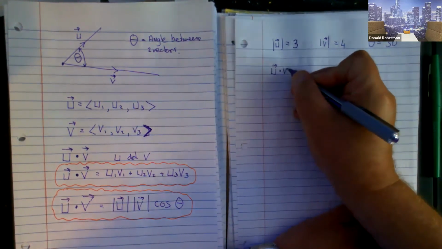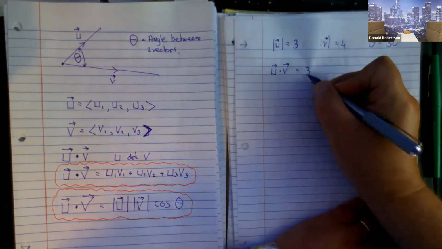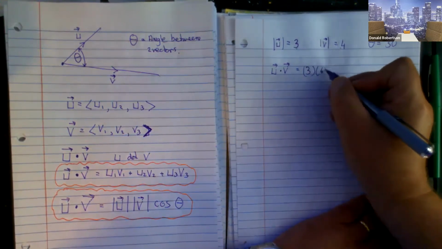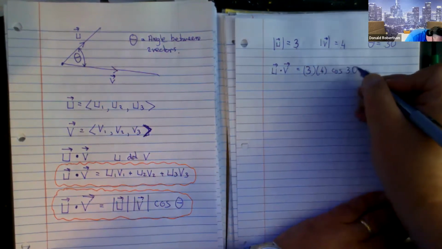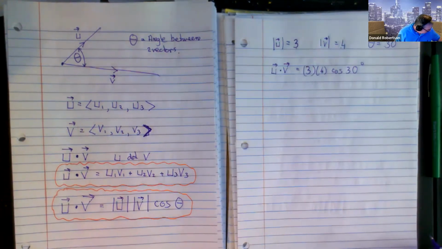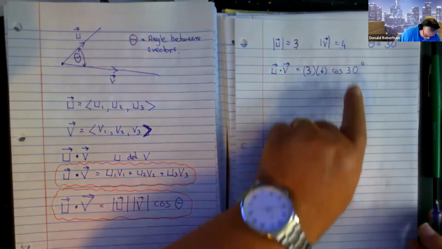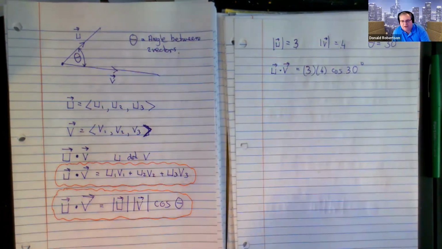The dot product is going to be 3 times 4 times the cosine of 30 degrees. And I don't think I have my calculator handy. That's fine. Does anyone know the exact value of the cosine of 30 degrees?